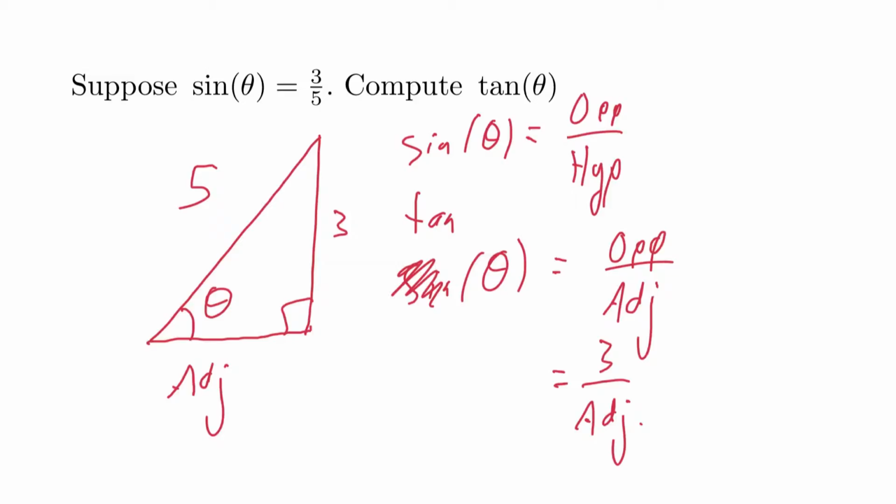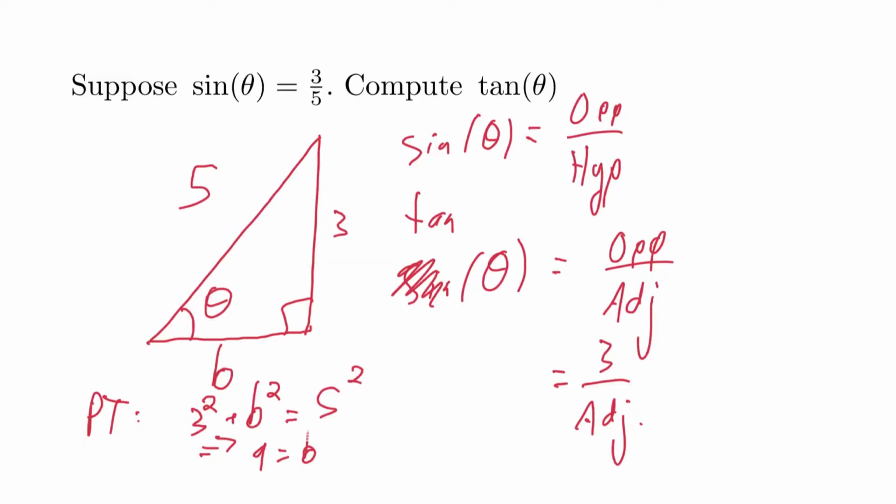So I'll call this side B. So I know from the Pythagorean theorem that 3 squared plus B squared equals 5 squared. So 9 plus B squared equals 25. So B squared equals 16. So B is equal to 4.